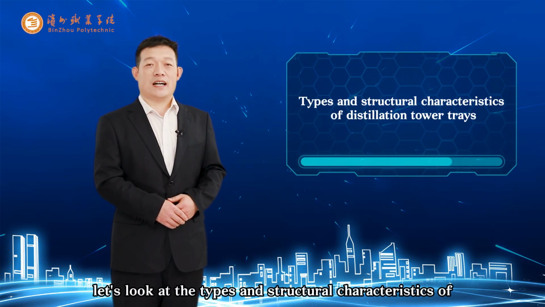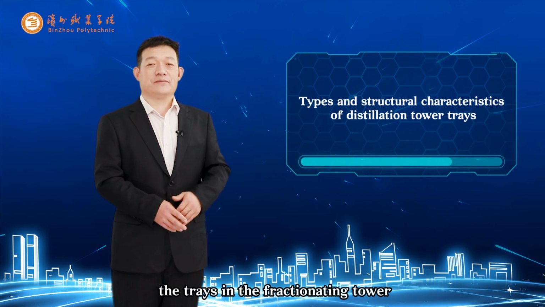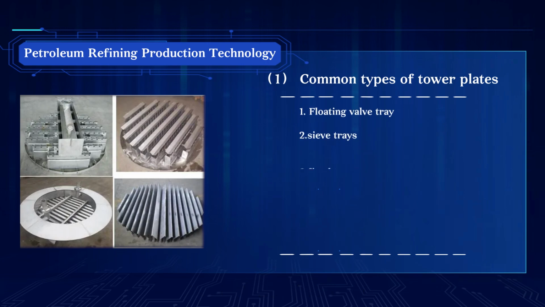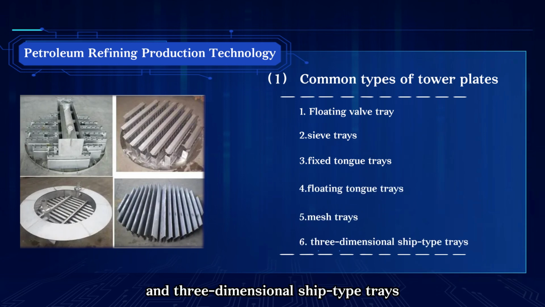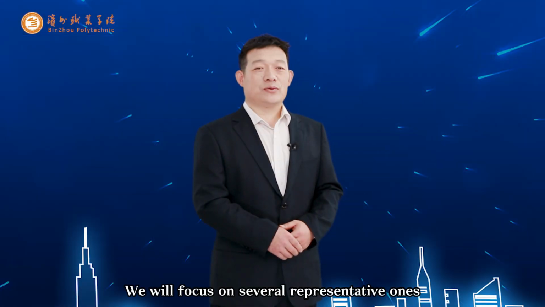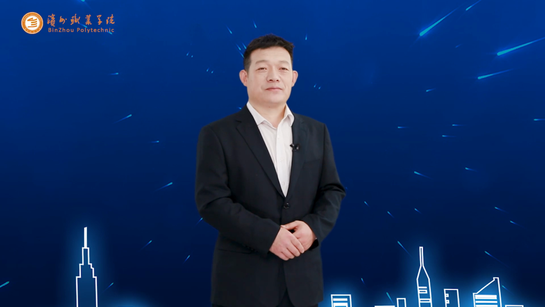Next, let's look at the types and structural characteristics of the trays in the fractionating tower. Common tray types include float valve trays, sieve trays, fixed ton trays, floating ton trays, mesh trays, and three-dimensional ship-type trays. We will focus on several representative ones.